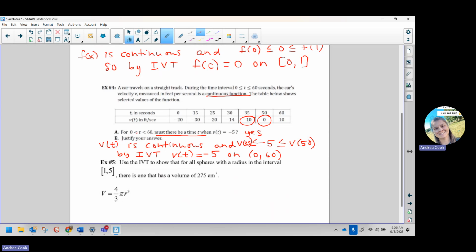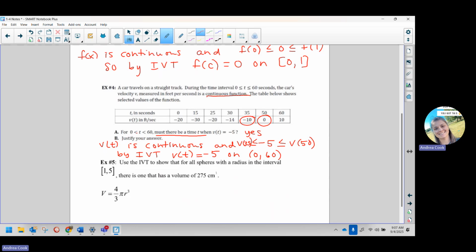Is it not continuous? When is it not continuous? If the function they give you is a rational expression, where you have a fraction and the denominator can't be 0. So if you had 1 over x and 0 was in the interval, that function's not continuous.